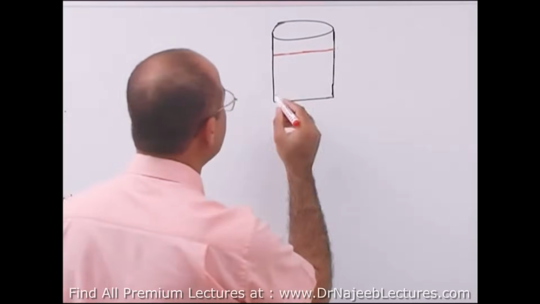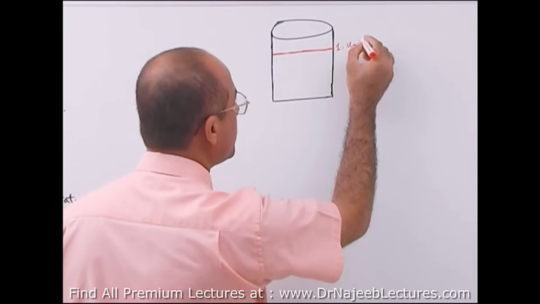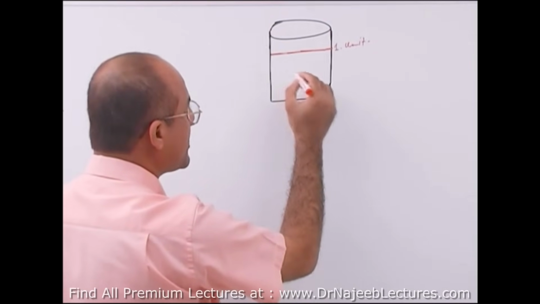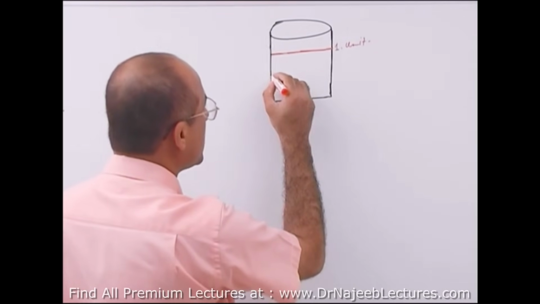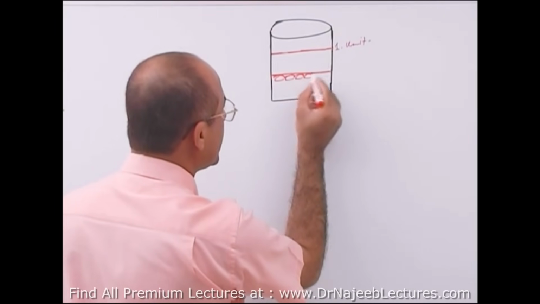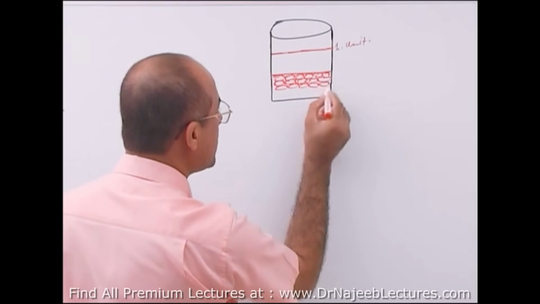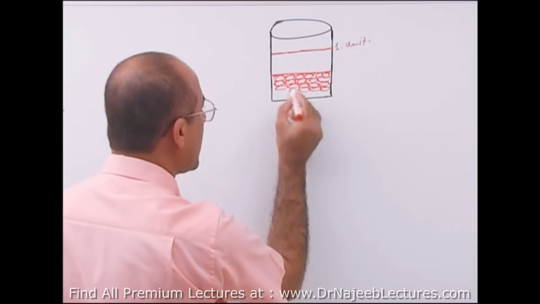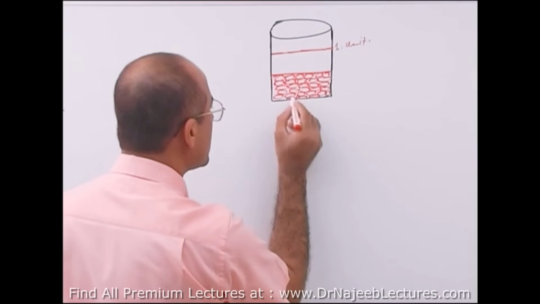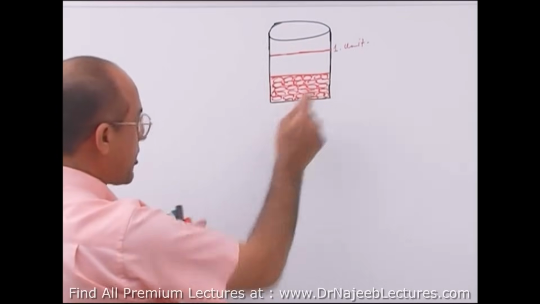Let's suppose it was 1 unit of blood. After centrifugation, when the cells settle down in a healthy person, this is the volume occupied by the cells, and the area above that is occupied by cell-free plasma. These are the cells, mostly red blood cells.